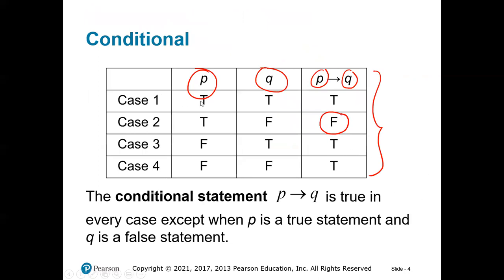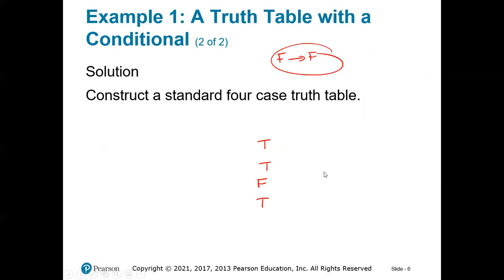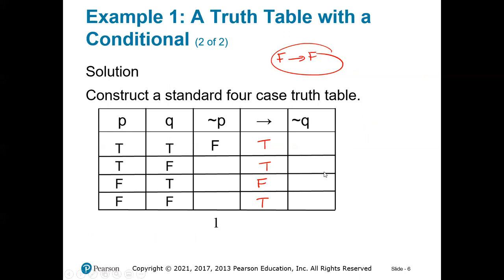It tells me true, arrow true is true, true, arrow false is false, false, arrow true is true, and false, arrow false is true. That's how I did that. So I did step one and step two. Now it's time to do step three, just like I showed you before. Okay, this is how it goes.